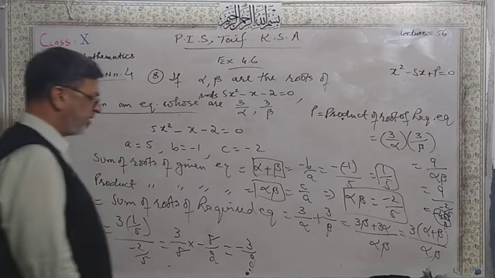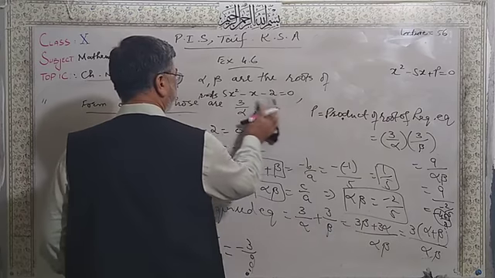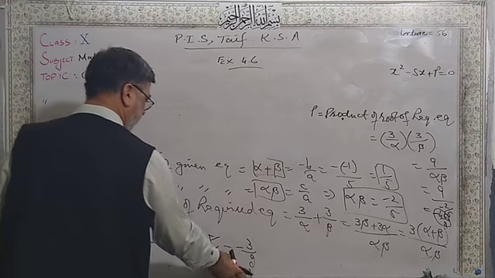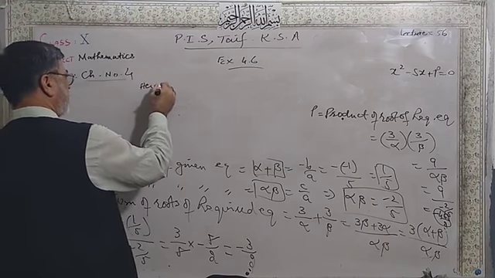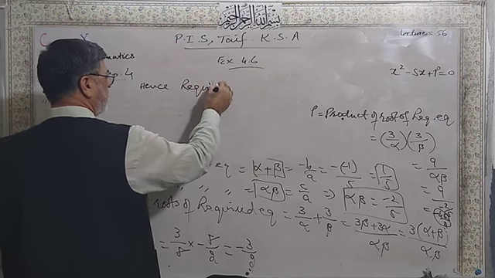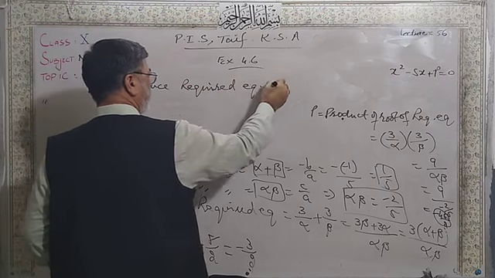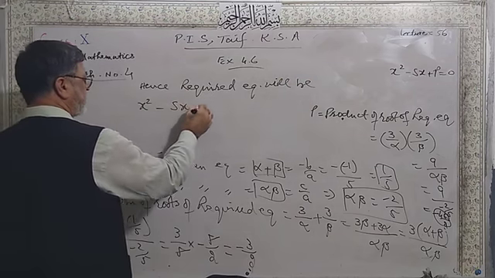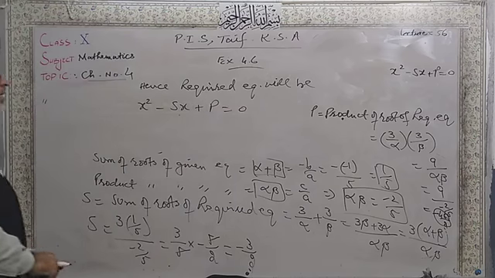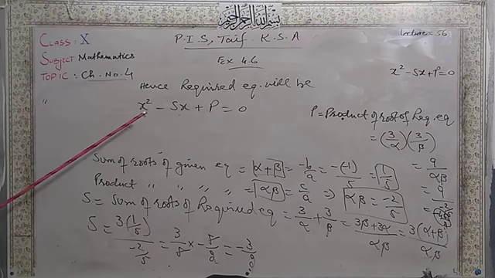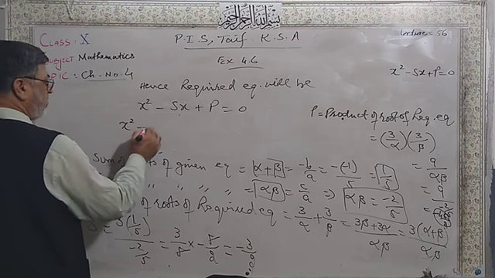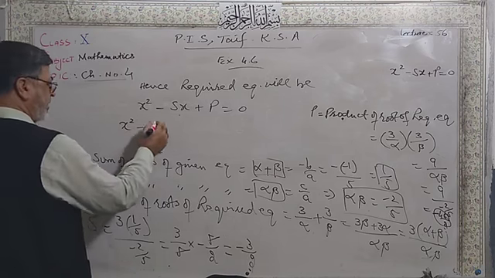So in this way, hence our required equation will be x square minus Sx plus P is equal to 0. Even you can take variable as y also: y square minus Sy plus P is equal to 0. But no problem, you can use x square also. Here is x square minus, what about S?